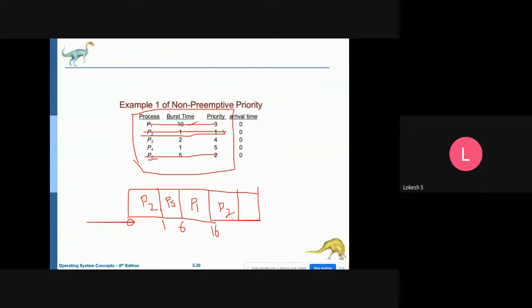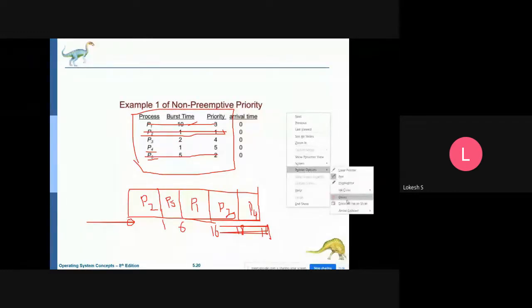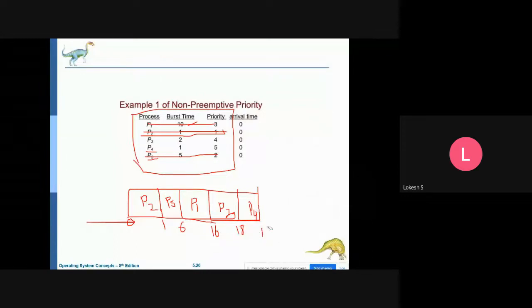P3 has the fourth priority, and it has a burst time of 2. So 16 plus 2 is 18. Then the last process is P4. P4 has only 1 burst time. So 19.